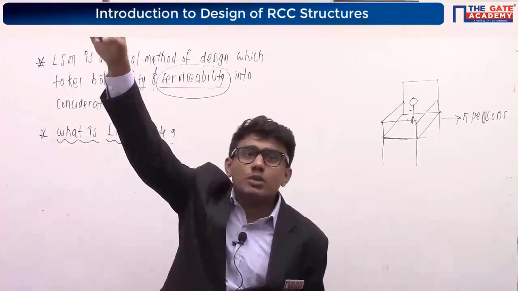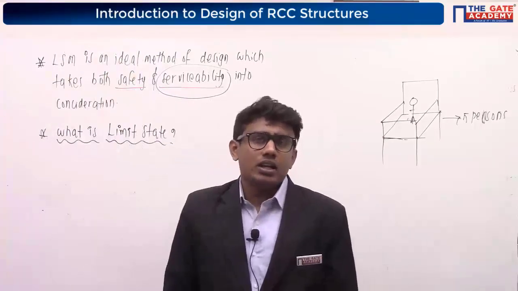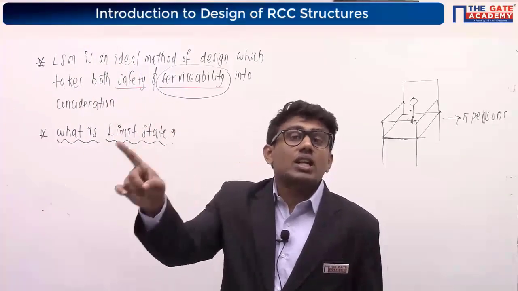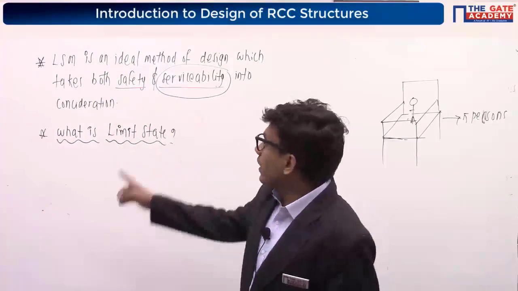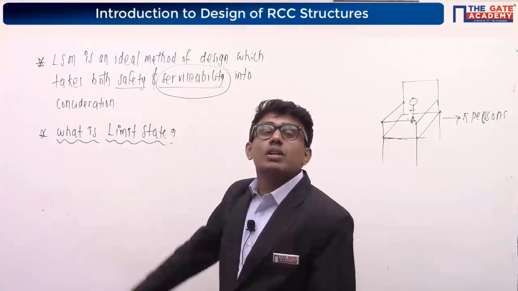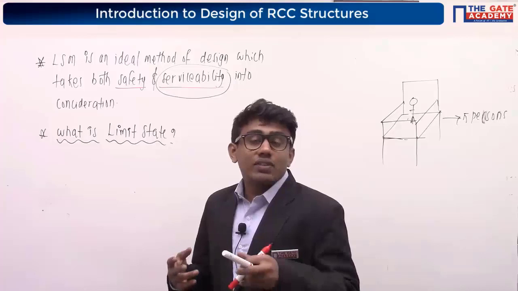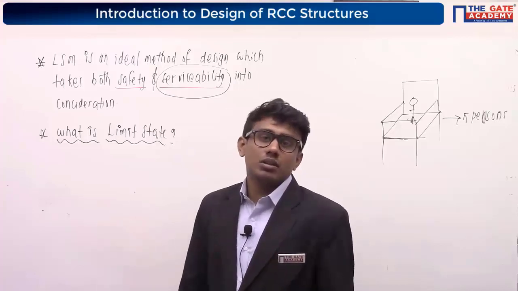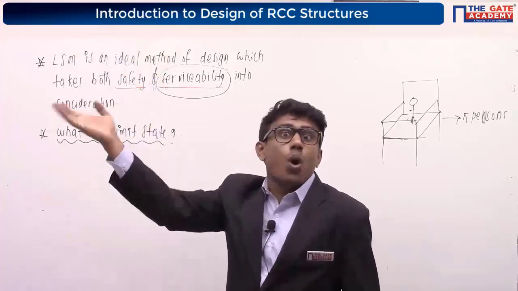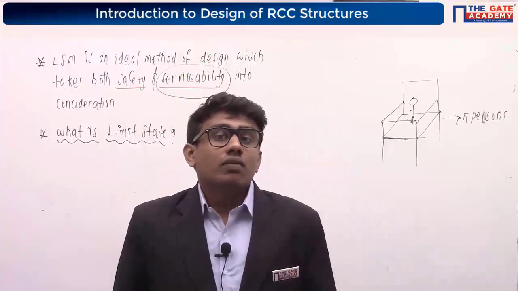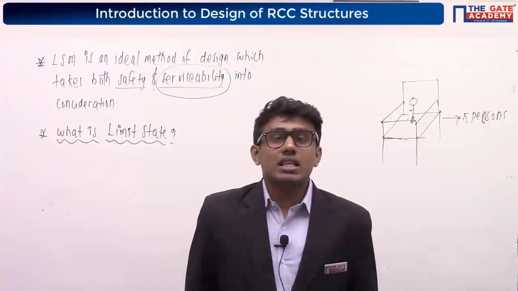If the deflection in this beam is within the permissible limit, or the user cannot notice it, the structure will serve its purpose. Then we can call it a serviceable structure. If the deflection in this beam is more, it will fail to serve its purpose, and we cannot call that structure serviceable.